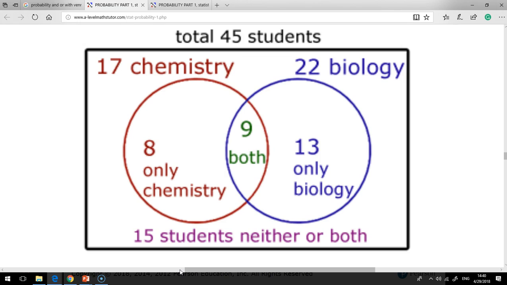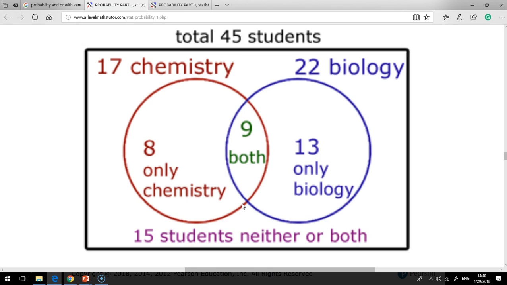Now, if I were to say the probability of A or B, I could have 8 students taking only chemistry, 13 taking only biology, and 9 taking both. So that would be 8 plus 9 plus 13, which is equal to, well, let's see, one of those 3's can go with a 9, 2 can go with a 10, so that makes it 10 plus 10 plus 10.